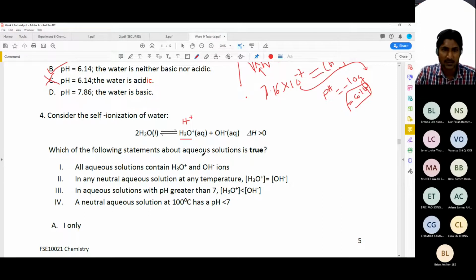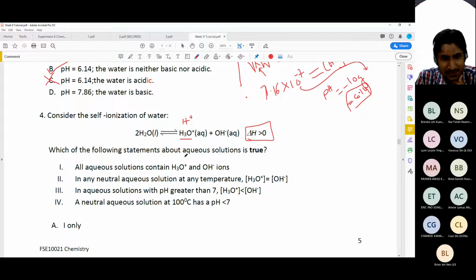So water ionizes in this way, and the enthalpy change is more than 0, meaning it is a positive value. That means it is an endothermic reaction, so heat favors the reaction going forward.